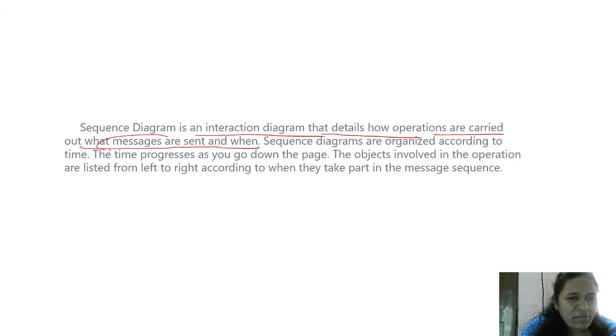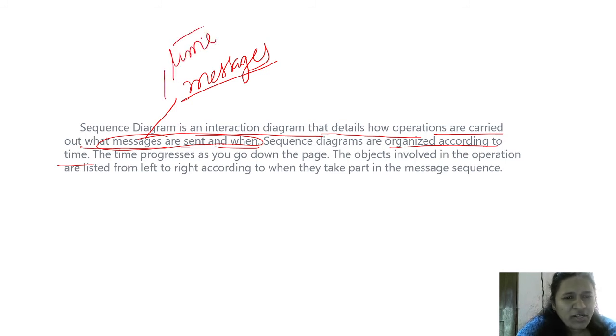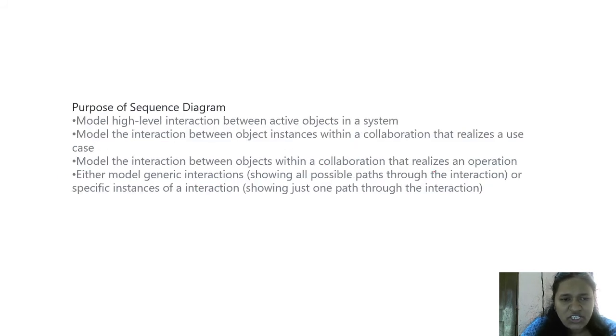Mainly focusing on messages. This is a keyword, messages, and sequence diagrams are organized according to time. As time progresses, you go down the page. The objects involved in the operation are listed from left to right according to when they take part in the message. What is the purpose of a sequence diagram?